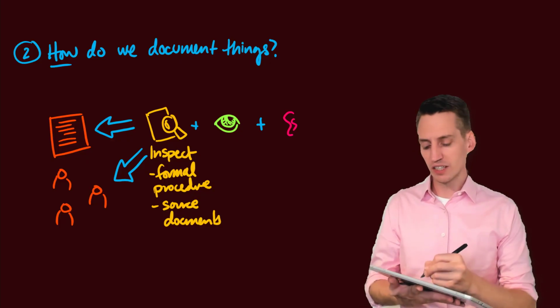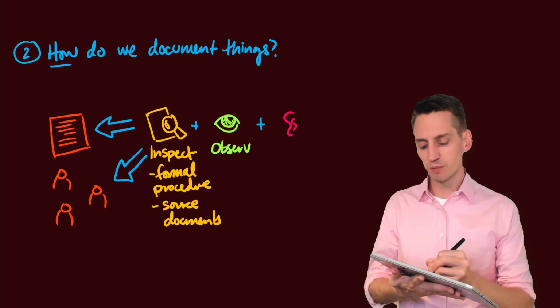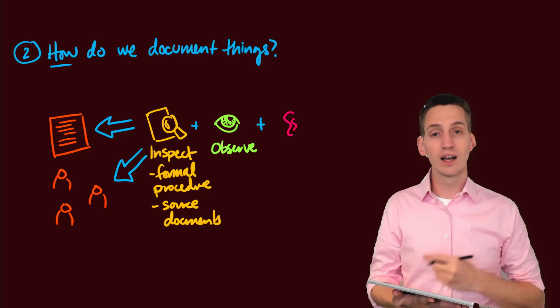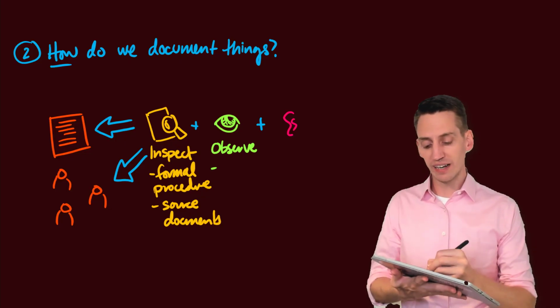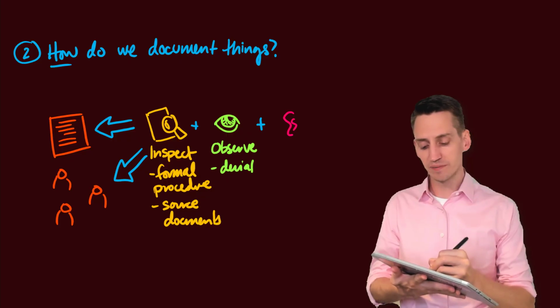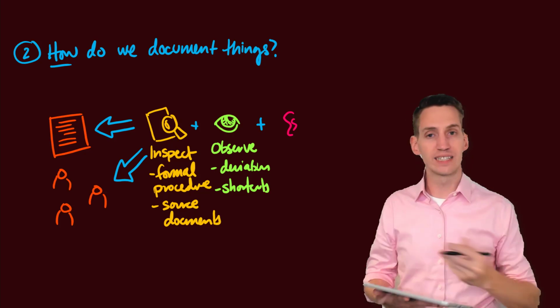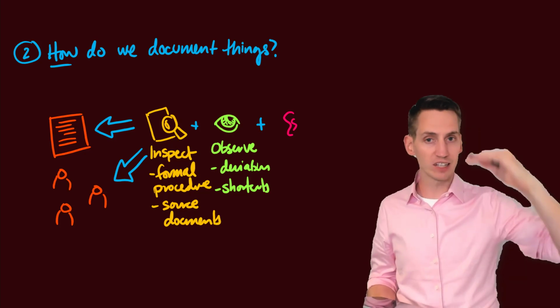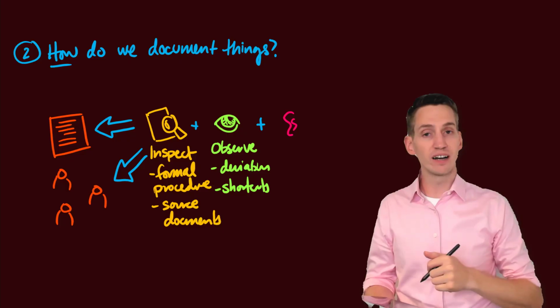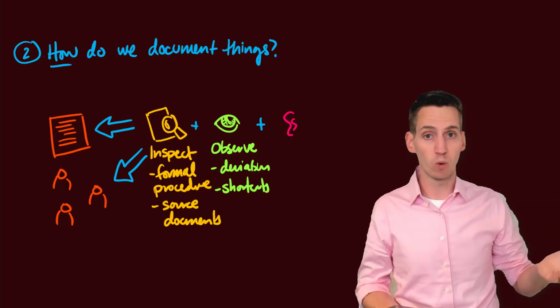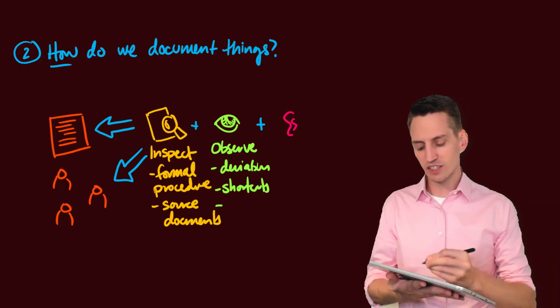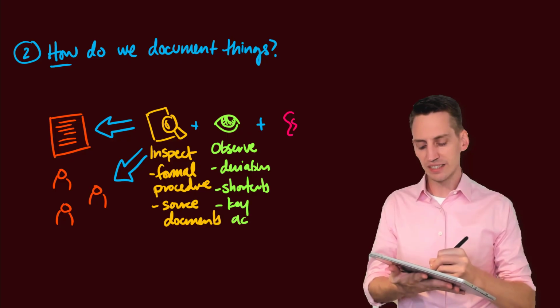Once we have our inspection, then we are going to observe the employees doing the job. Observation allows us to identify any deviations from the process or shortcuts. For example, if the procedure manual says do step X, Y, and Z, we can identify through observation that employees are skipping step Y. And it allows us to identify those key activities.